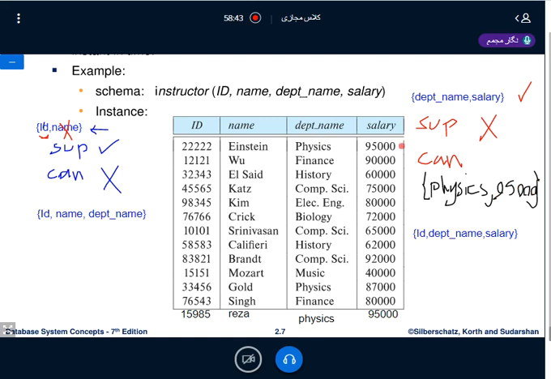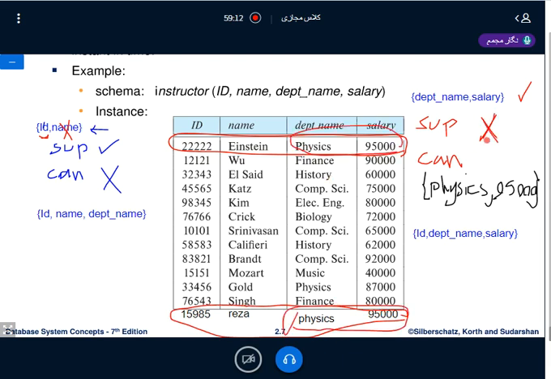With this data, I can find two records, two tuples. One of them is physics and 95,000. I cannot find the unique data.